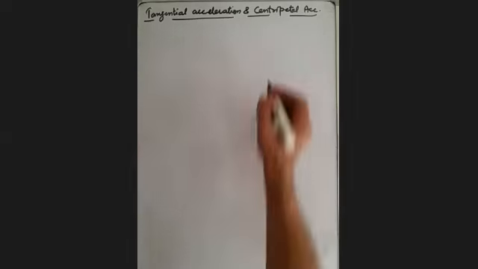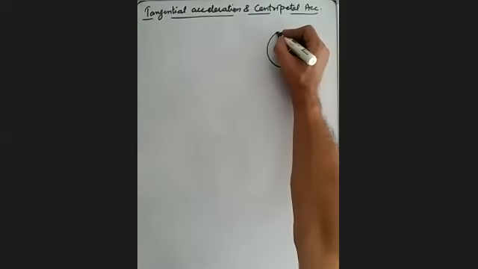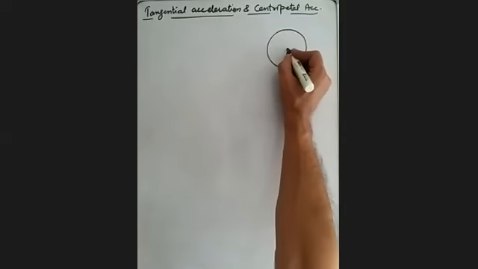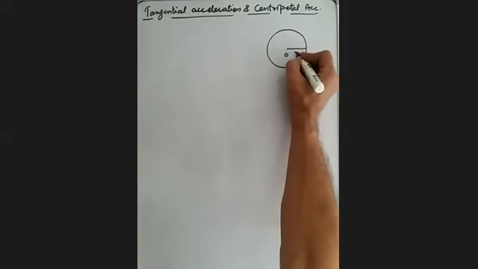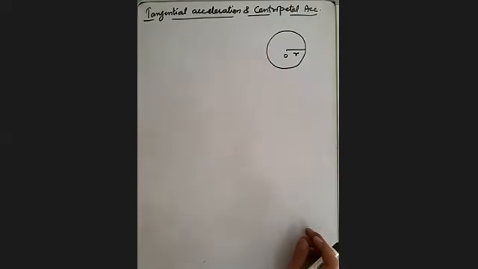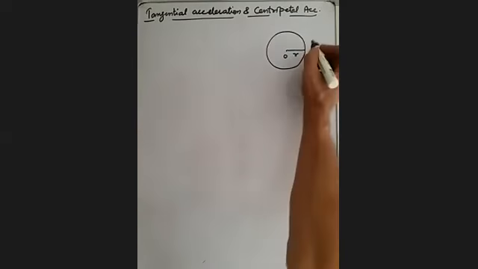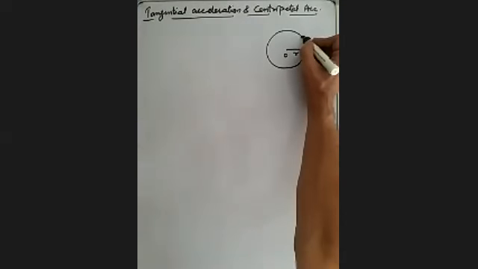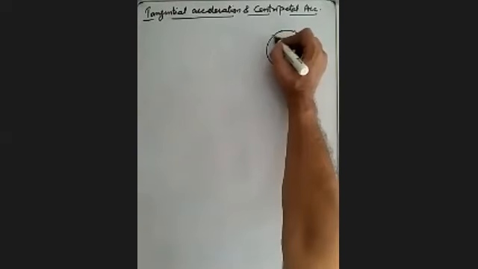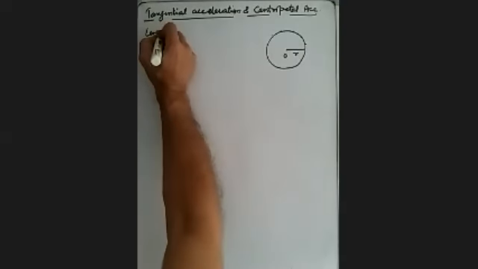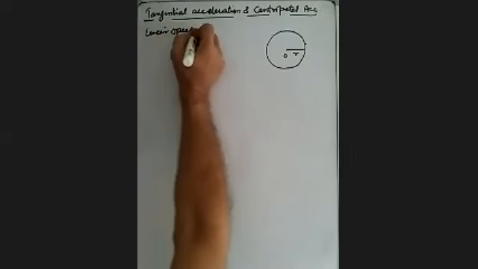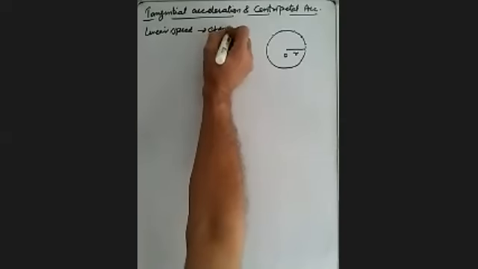Now let us consider a particle which is moving on a circular path of radius r with center O. And let us say the linear speed of the particle is changing with time. That is, the distance traveled by the particle in unit time keeps on changing. So the linear speed along the circular path is changing with time.